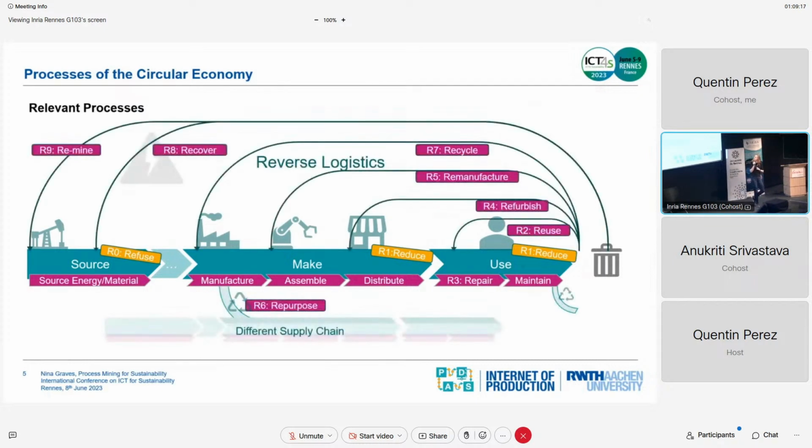But we also need to consider all of the new processes that are not in our current traditional supply chain, the ones where we take it back from the end user and put it somewhere else. So basically, we need to integrate these new processes into our new system.